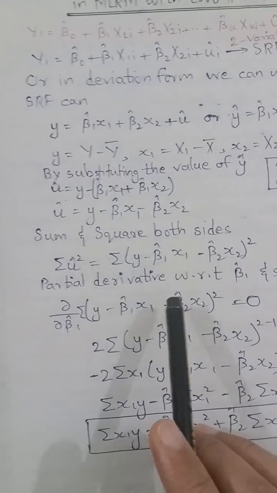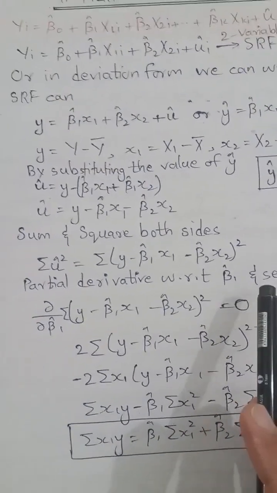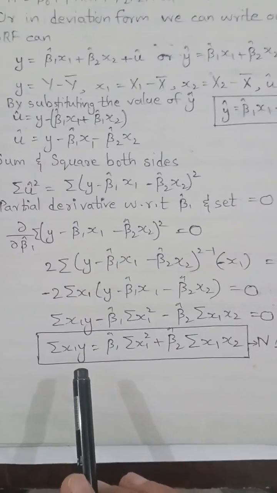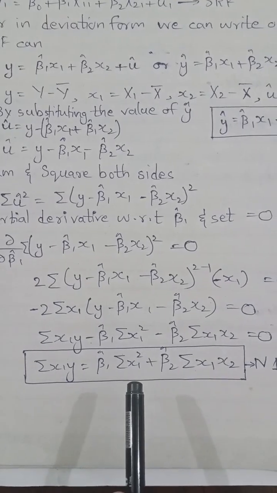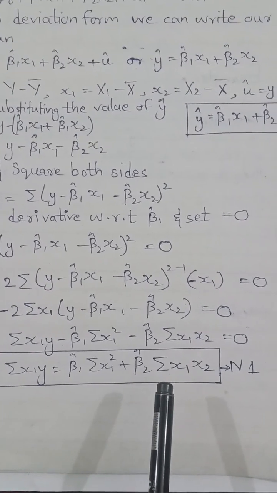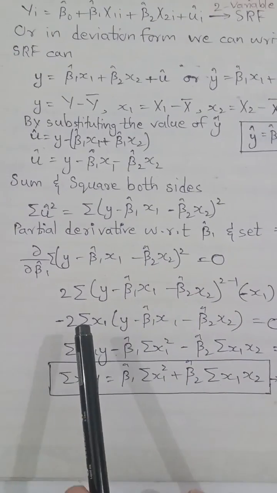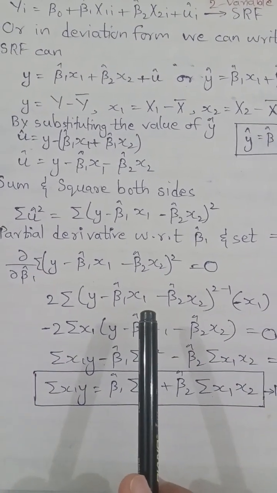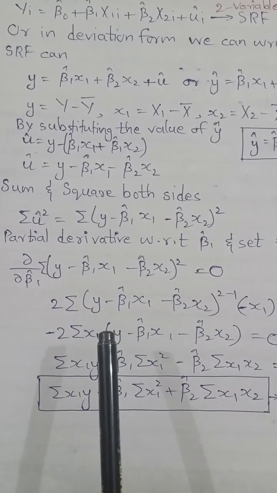So by taking the partial derivative with respect to beta 1 hat and set it equal to 0, I get the answer as sum of x1y equals beta 1 hat sum of x1 square plus beta 2 hat sum of x1 x2. This is our normal equation 1. You can verify it by solving yourself. I have applied the generalized power function rule here to take its partial derivative.